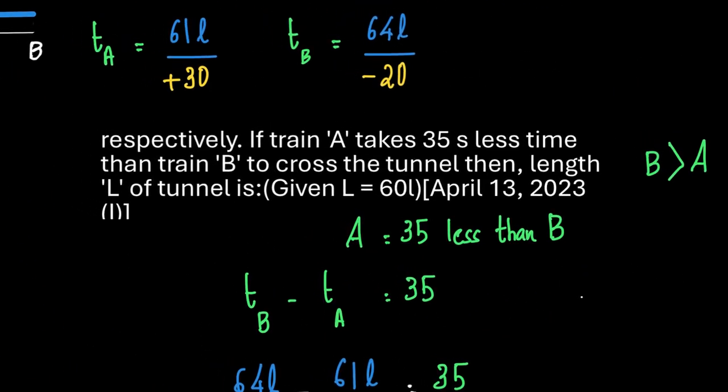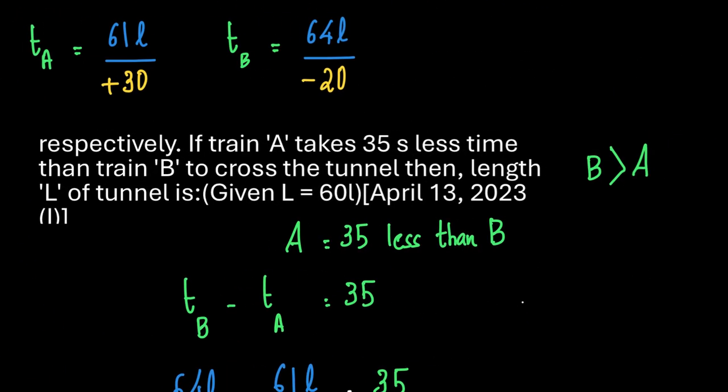Now, according to the question, train A takes 35 seconds less than train B, which means time taken by train B is greater, which is 64L by minus 20. Train A time is 61L by 30.